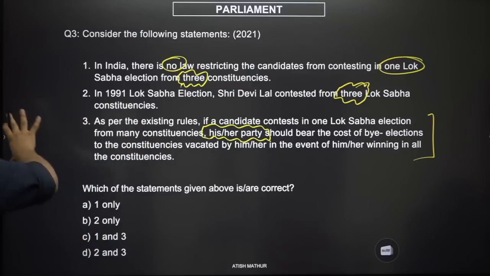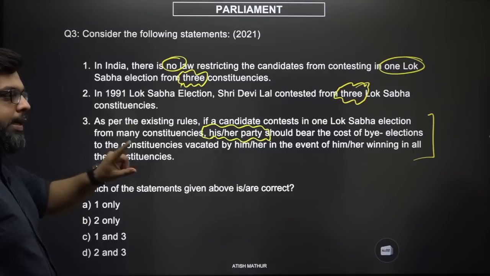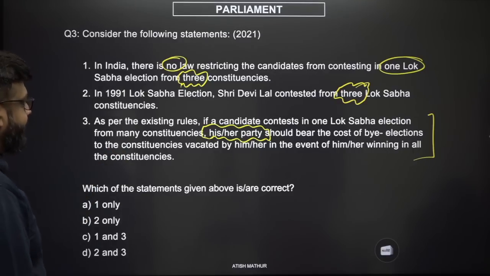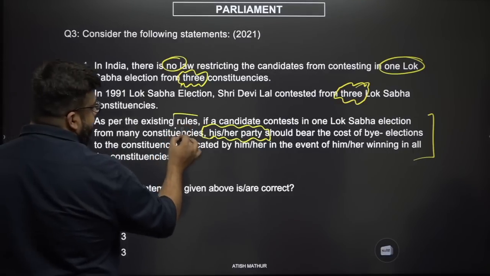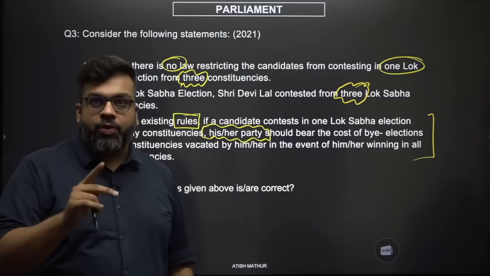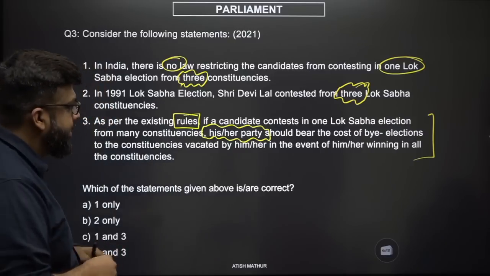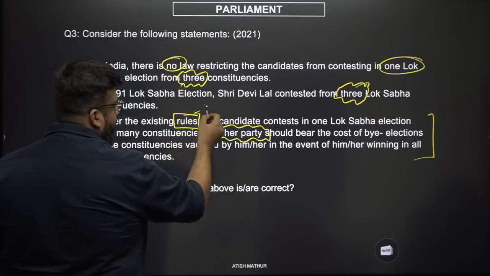Fair enough. We would possibly not know the factual detail around 2. Let's focus on statement number 3. As per the existing rules, firstly, you would have a law, you will have an act, not rules, because after all, you're dealing with electoral processes. So this seems to be slightly off.